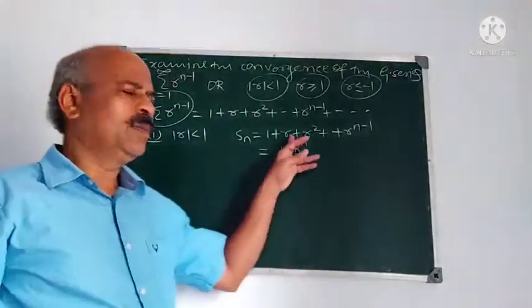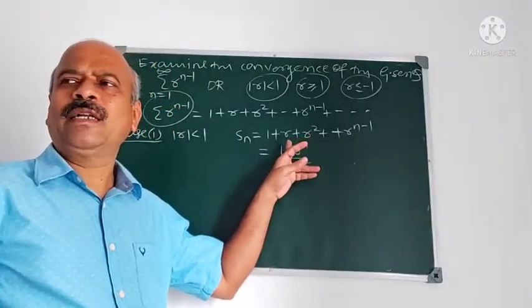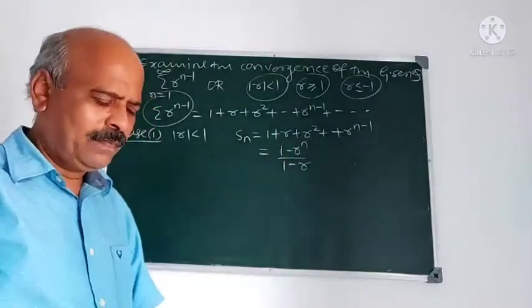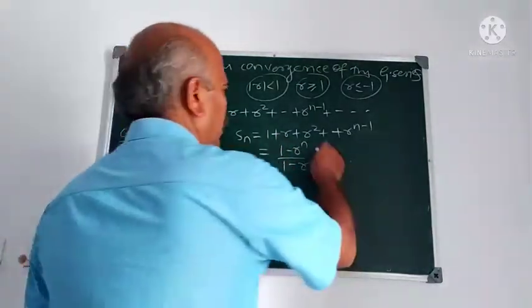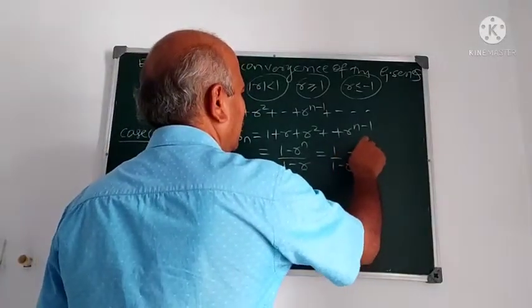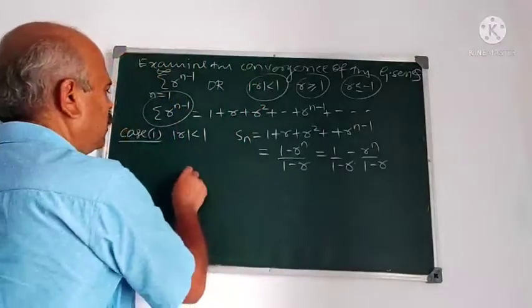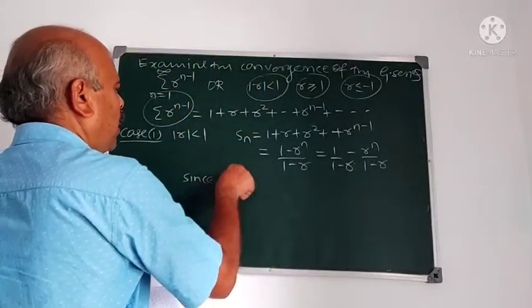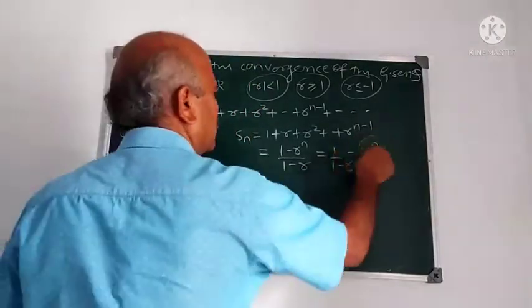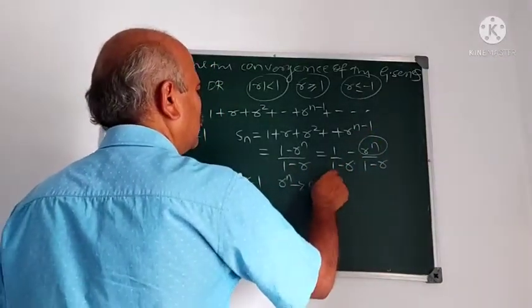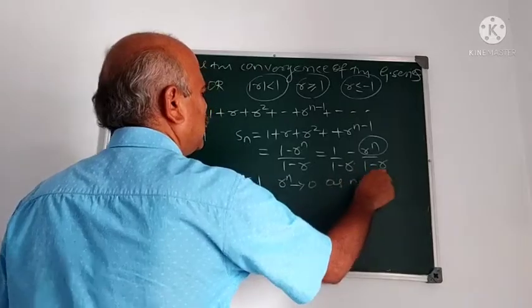What is the sum to n terms of a geometric series? It is a standard formula: a into 1 minus r raised to n upon 1 minus r. Therefore, it is 1 upon 1 minus r minus r raised to n by 1 minus r. Now, since mod r is less than 1, r raised to n tends to 0 as n tends to infinity.